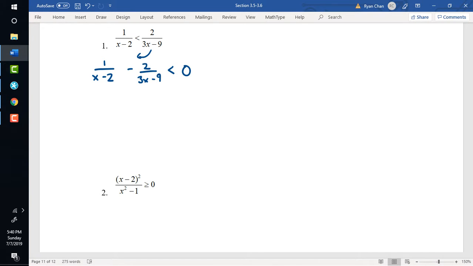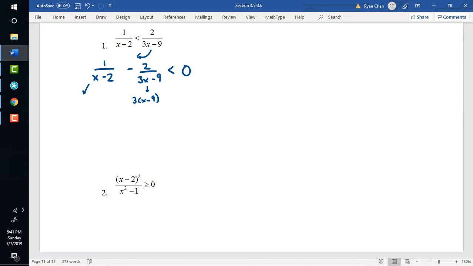Okay, so what I'm next going to do, let's remember how to combine fractions for the following here. So let's talk about this here. Some of you guys may have forgotten how to do this, but in order to combine these two, we want to make sure they have the same denominator. So I have x minus 2 here. 3x minus 9, I can pull out a 3.